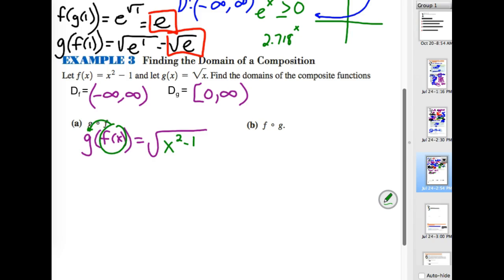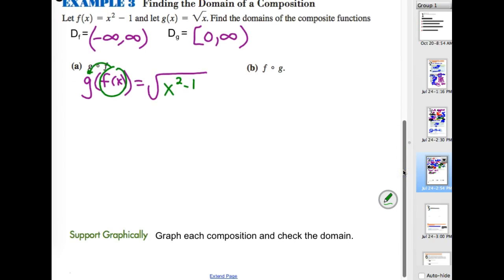All right, looking at the domain of this one. Now we have the quantity x squared minus 1, and it can't be negative, okay, because we're trying to square root it. So that means that x squared has to be greater than or equal to 1.